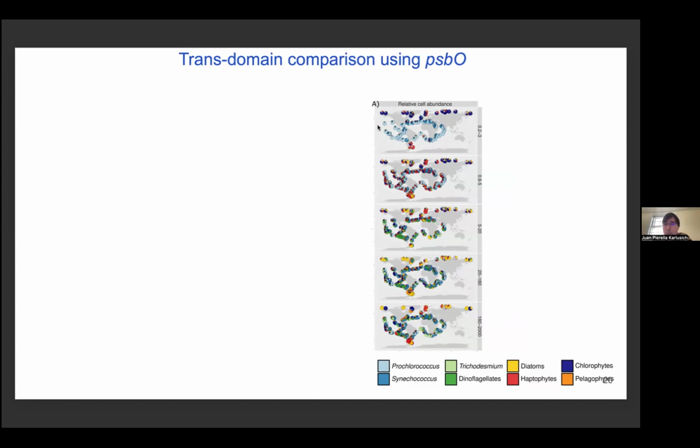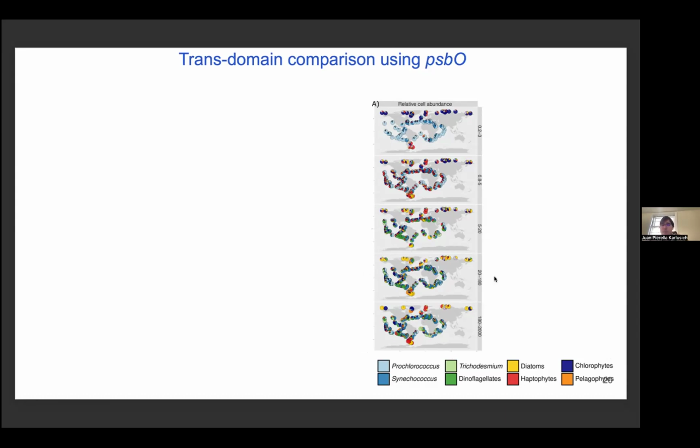For example, you can see that in the smaller size fraction, the colors dark blue and light blue correspond to the picocyanobacteria Prochlorococcus and Synechococcus, which are abundant in tropical and subtropical regions. And in the largest size fractions, there tend to be some yellow pie charts at high latitudes that correspond to diatoms.